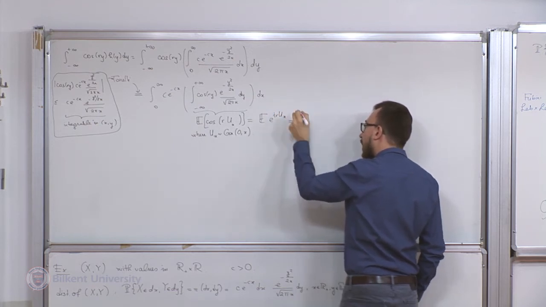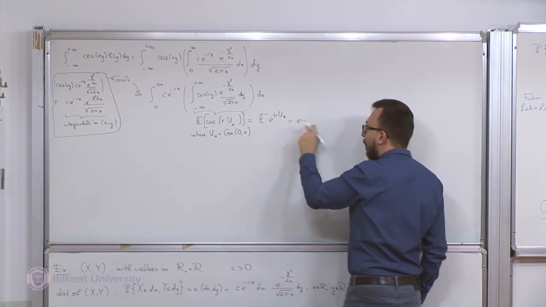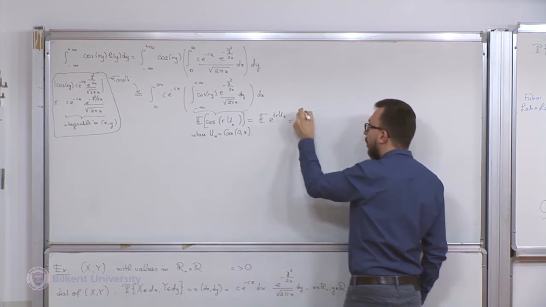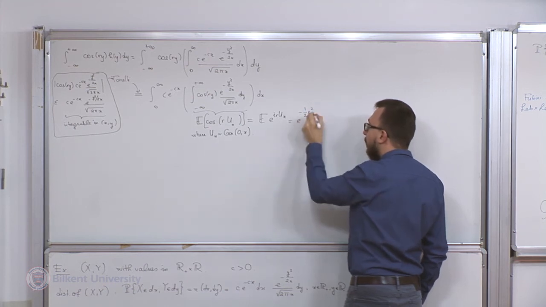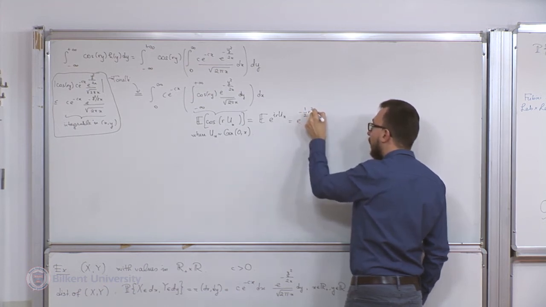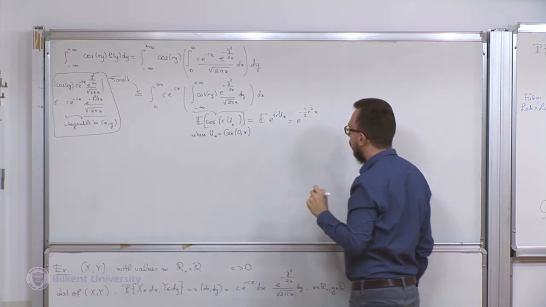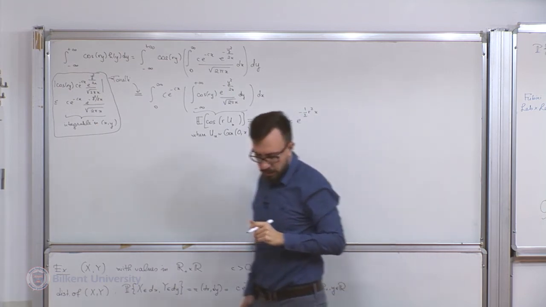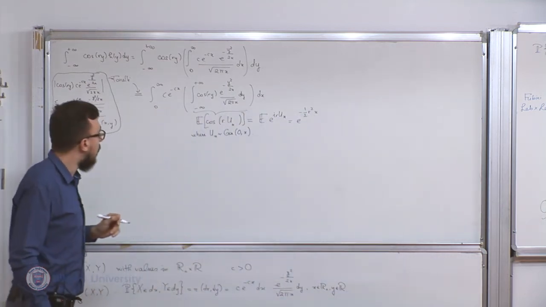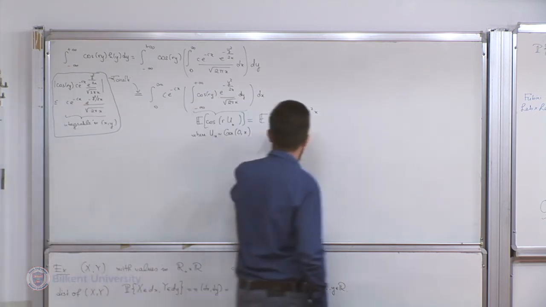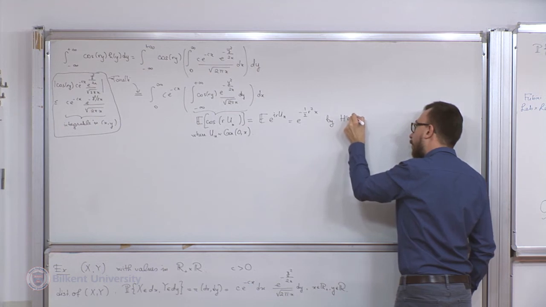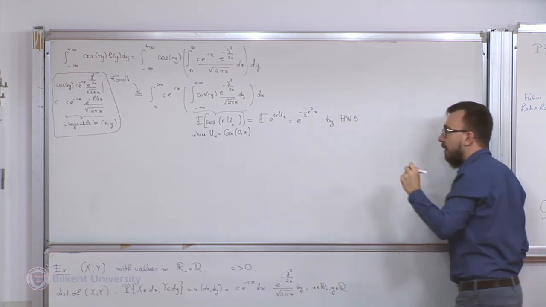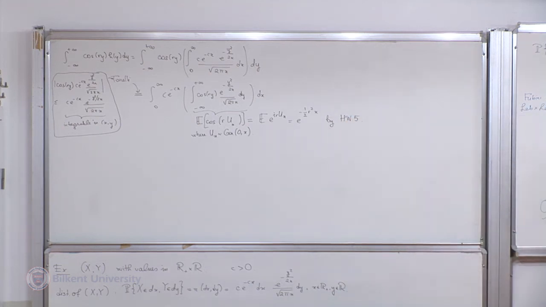And this is some term about the expectation, which is 0, minus 1/2 r squared times variance. So this is by homework 5, I guess. Yeah.